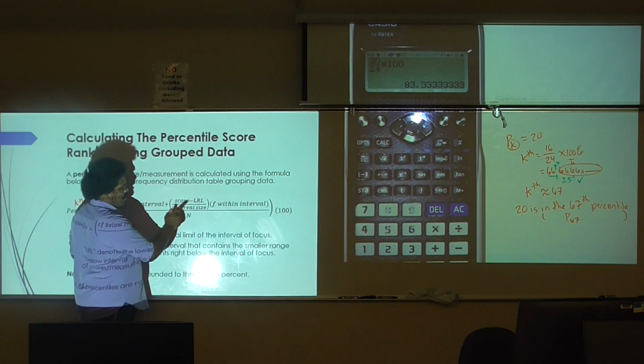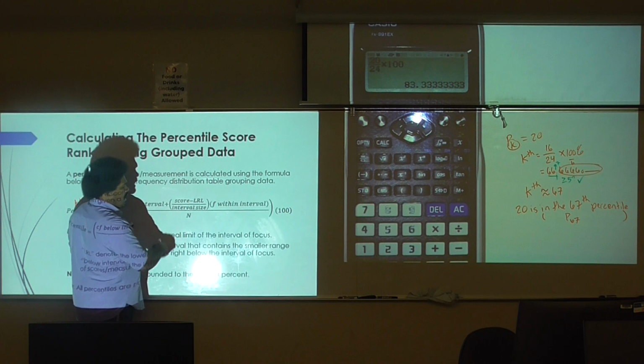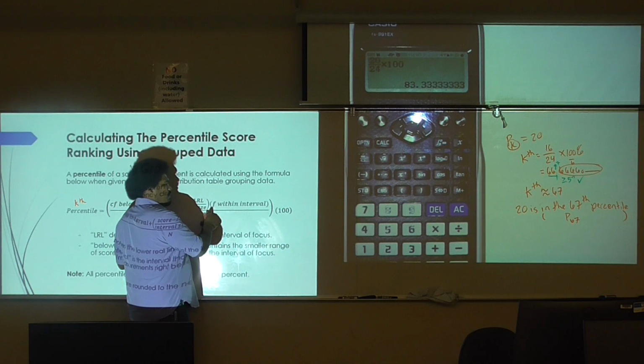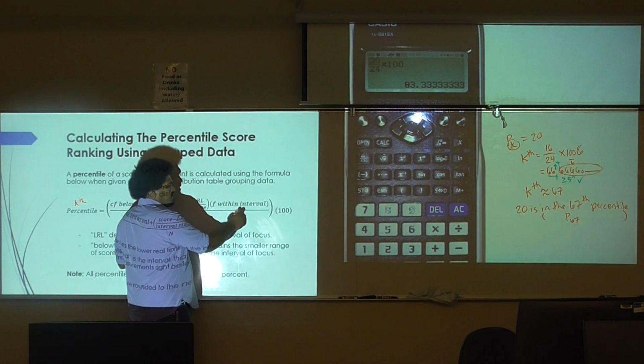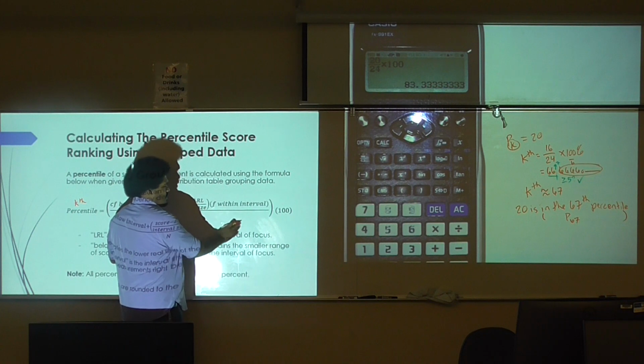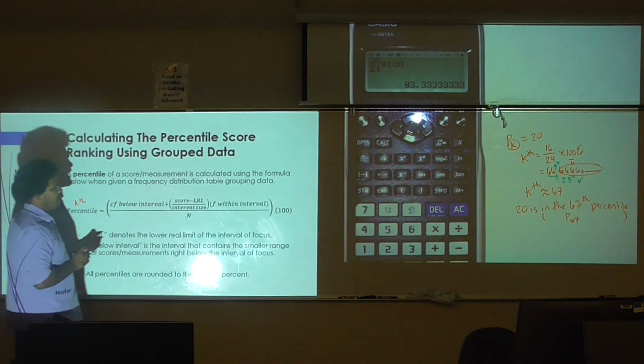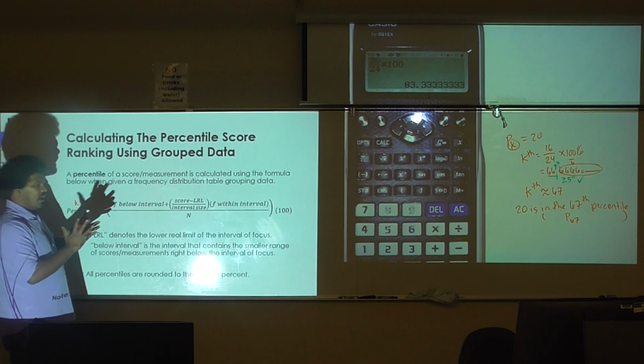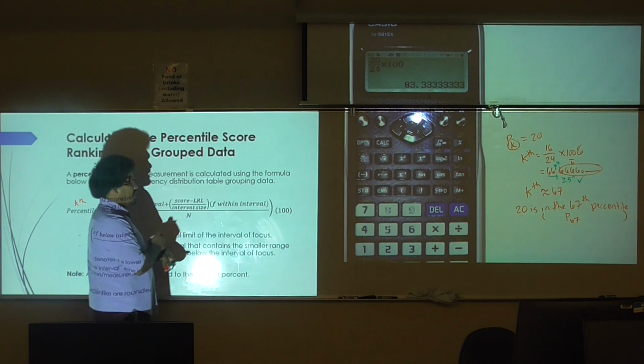Then we have to know the interval size, and we can find that out by looking at the real limits as well. Knowing the real limits, once again, is key. Then we also need to know the frequency within the interval. That plays a detrimental factor because we guesstimate how many, if it really did exist.